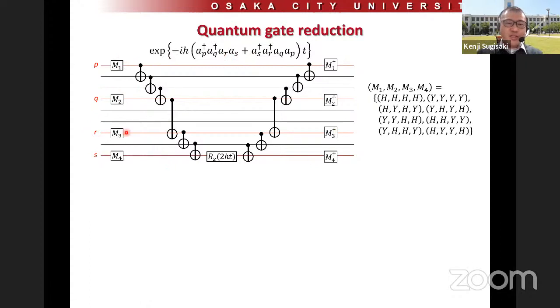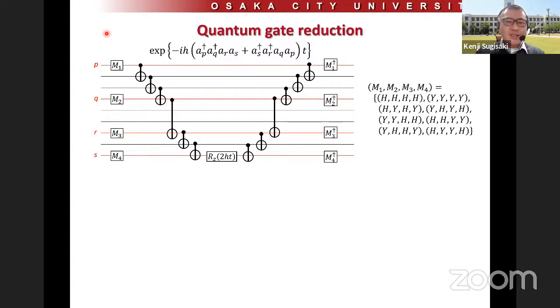Here, M1, M2, M3, M4 should be H, H, H, Y; H, Y, H, Y; Y, H, Y, H; Y, Y, H, H; H, H, Y, Y; Y, H, H, Y; and H, Y, Y, H. And here, H means the Hadamard gate, and Y corresponds to the quantum gate that interchanges from the Y basis to the Z basis. The quantum circuit corresponding to this operator is generated by using this kind of quantum circuit as one set.